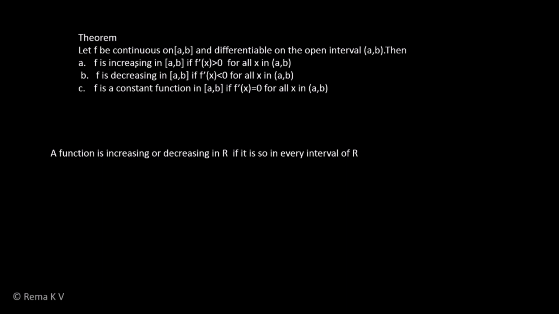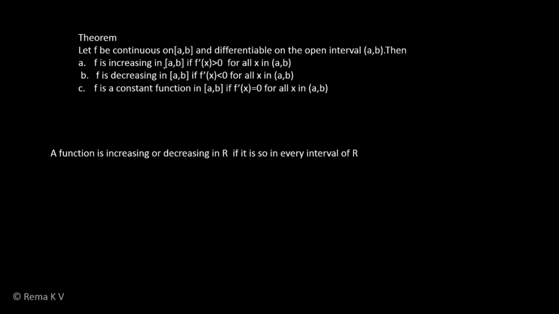Then f is increasing in the closed interval [a, b] if f dash x is greater than 0 for all x in (a, b). f is decreasing in [a, b] if f dash x is less than 0. f is a constant function if f dash x is equal to 0. See, if we are finding the derivative of the function f and it is positive for all the values x in the open interval (a, b), then we say that the function is increasing.